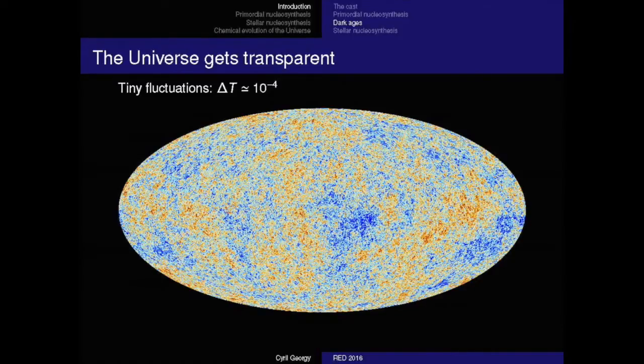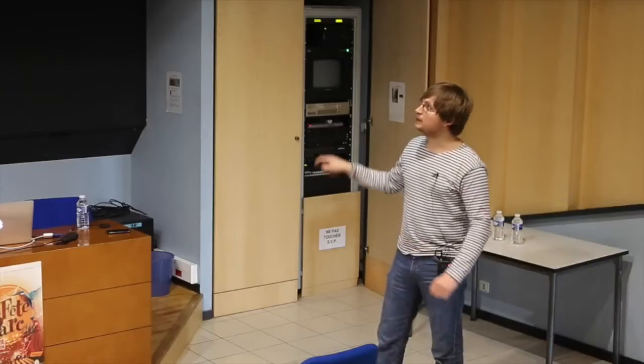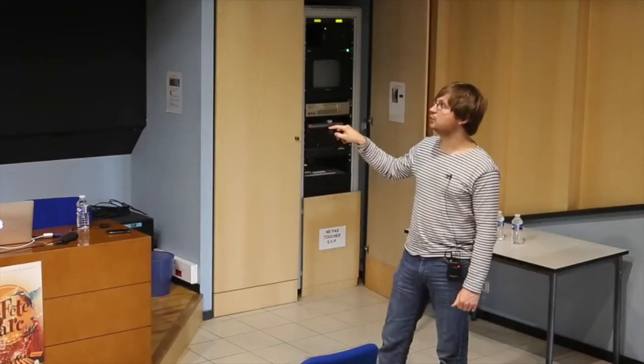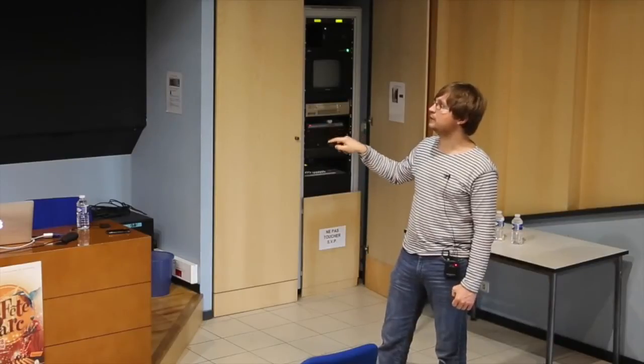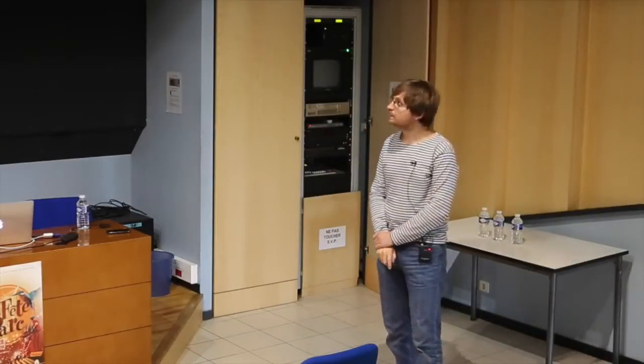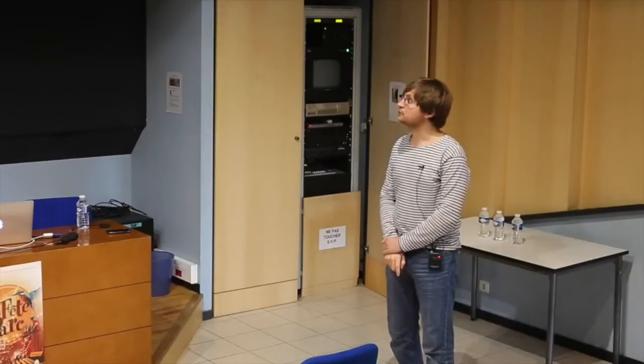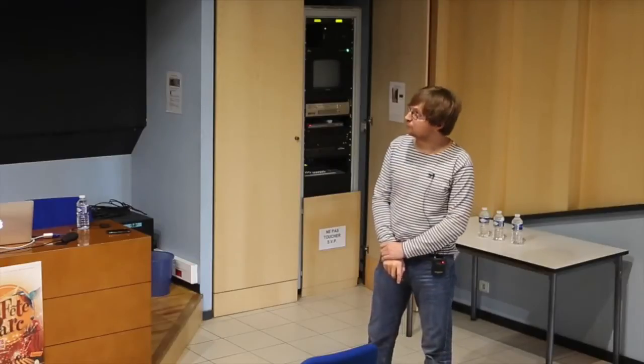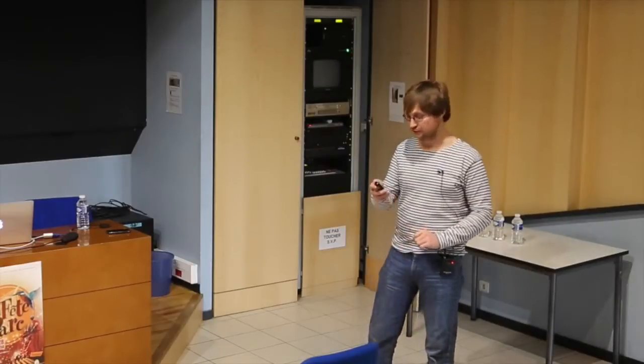So you see that there are variations all around the sky for this CMB temperature, but they are really, really small. The relative difference between the blue and the green and the red is only 10 to the minus 4. So the universe was really, really homogeneous at that time, but not completely homogeneous.